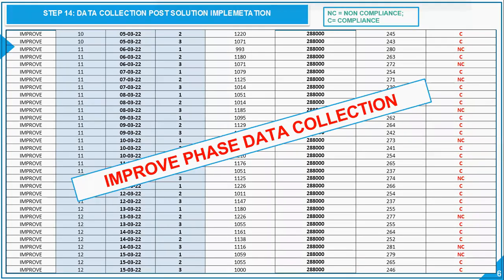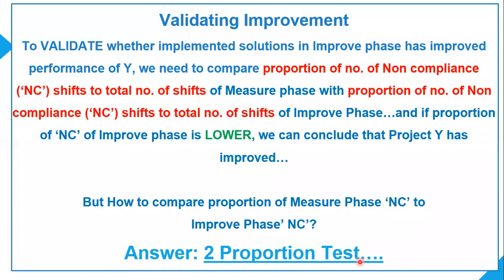So this is improve phase data, and now we want to validate the improvement, right? So to validate whether the implemented solution in improve phase has improved performance of Y, we need to compare proportion. Proportion is what? Ratio, right? So we need to compare the proportion of number of non-compliance NC shifts to total number of shifts of measure phase.